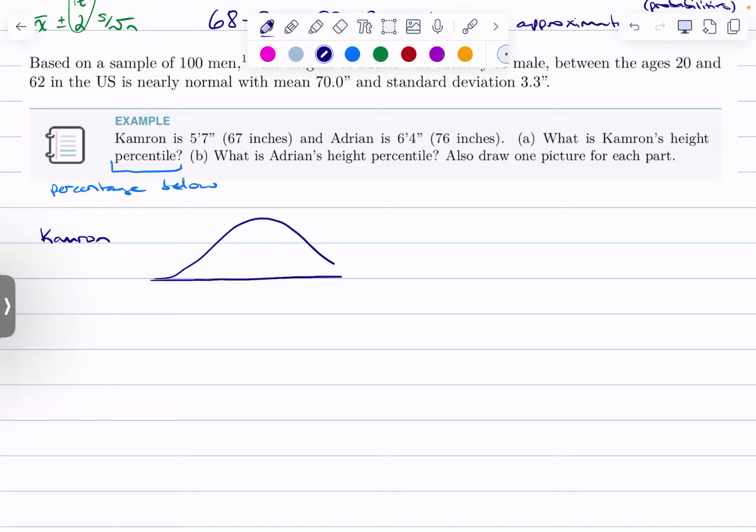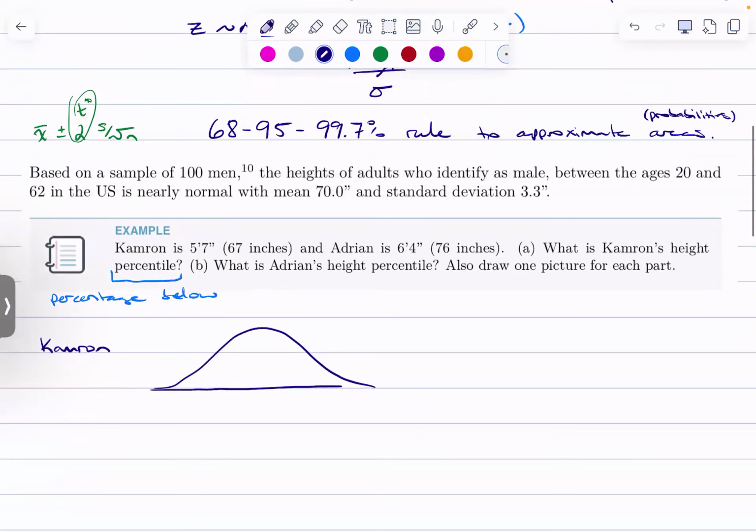First thing you're going to do, if you see that something is nearly normal, you can start off by drawing that curve. That's a good place to start. Mine always ends there, but close that up. If it's nearly normal, I have to give you the mean and the standard deviation, right? And so then I give you the mean, which is going to be the center.